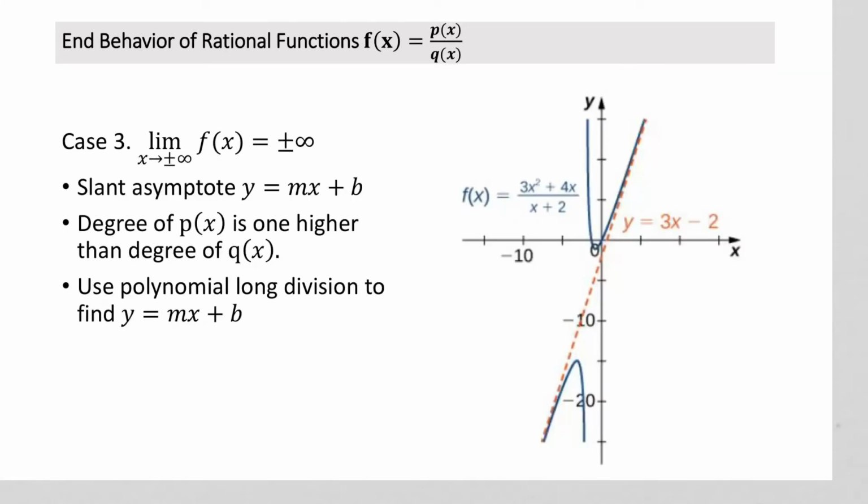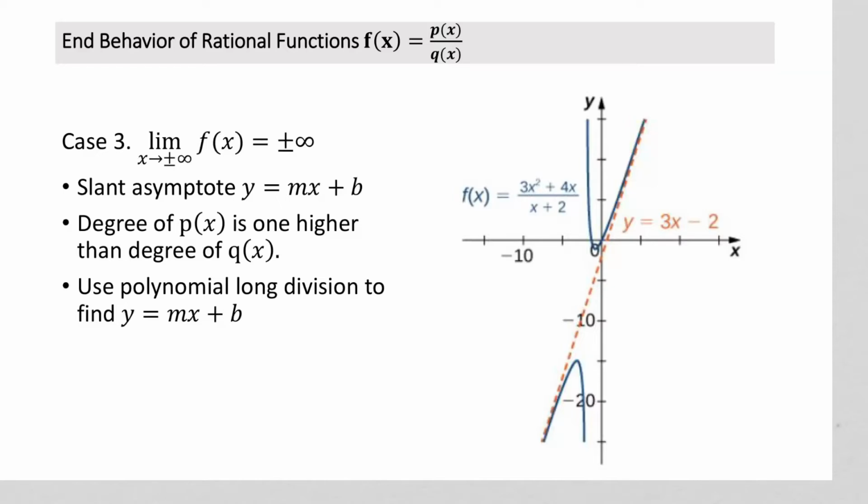The next case we'll talk about is when you have a slant asymptote. This slanted line right here we call a slant asymptote. In this case, the limit as x approaches positive or negative infinity is going to be either positive or negative infinity, depending on your function.